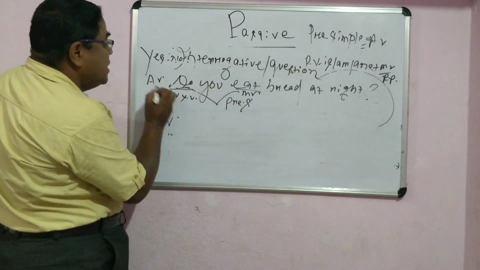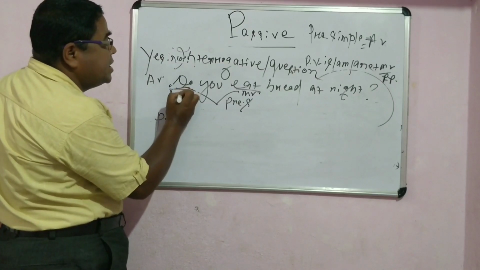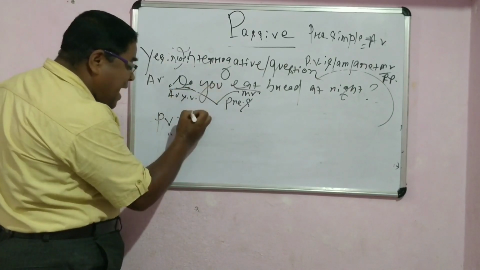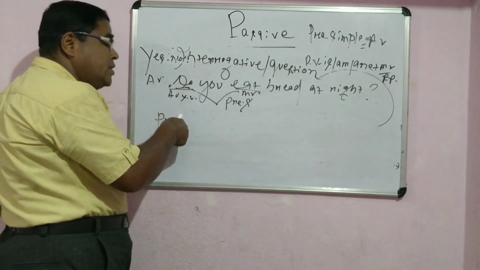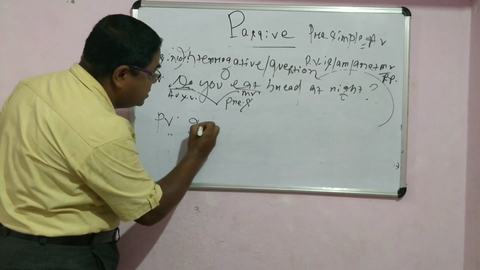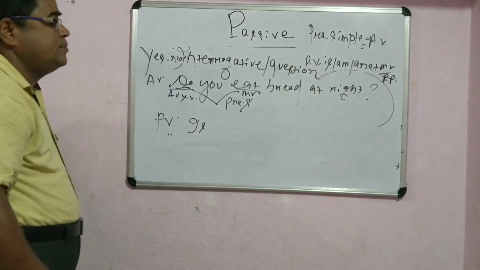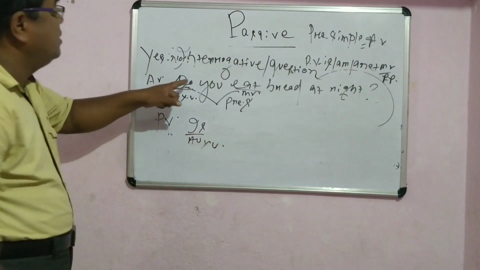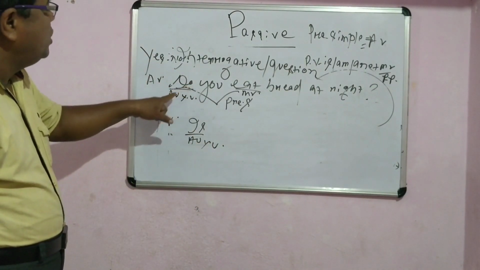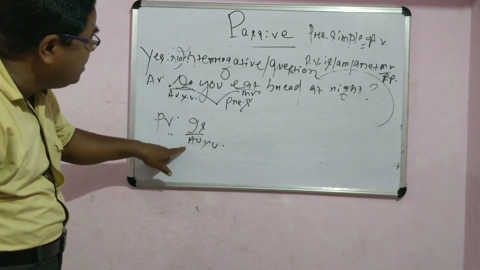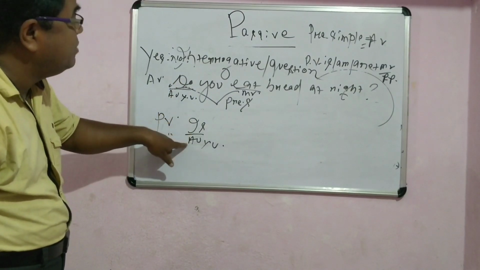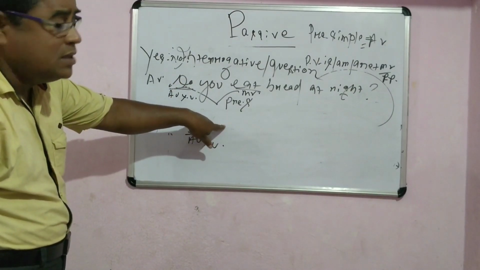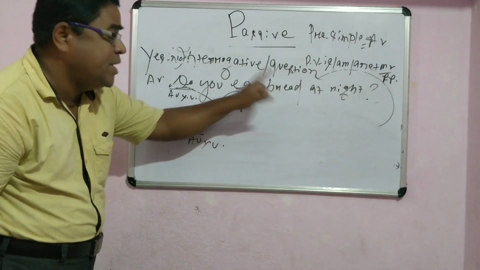In the active, we begin the sentence with the auxiliary verb. In the passive, we also have to begin the sentence with the auxiliary verb. What is the auxiliary verb? That is called is. In the active, with do, your auxiliary verb begins. In the passive, with is, your auxiliary verb begins. Is for what? Is for the subject bread.